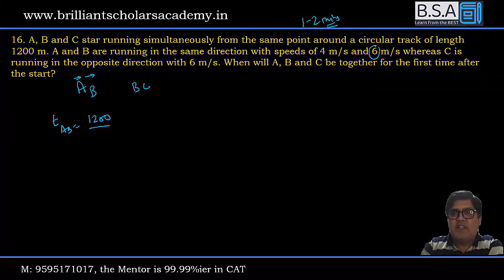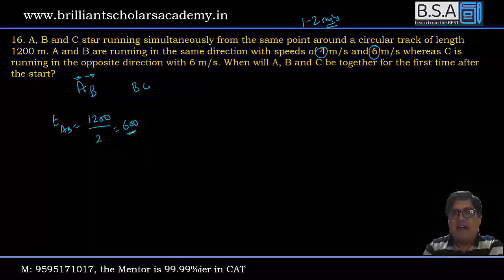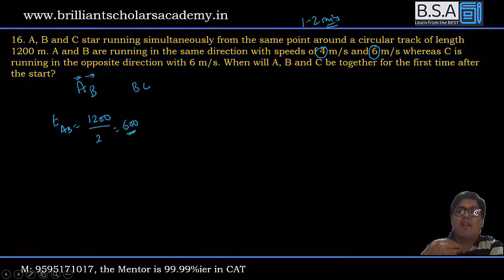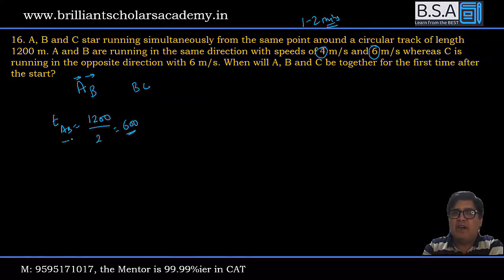The difference is 2. So these guys will meet after 600 seconds, 1200 seconds, 1800 seconds. They will keep on meeting because the first meeting time multiplied by n is the nth meeting time.